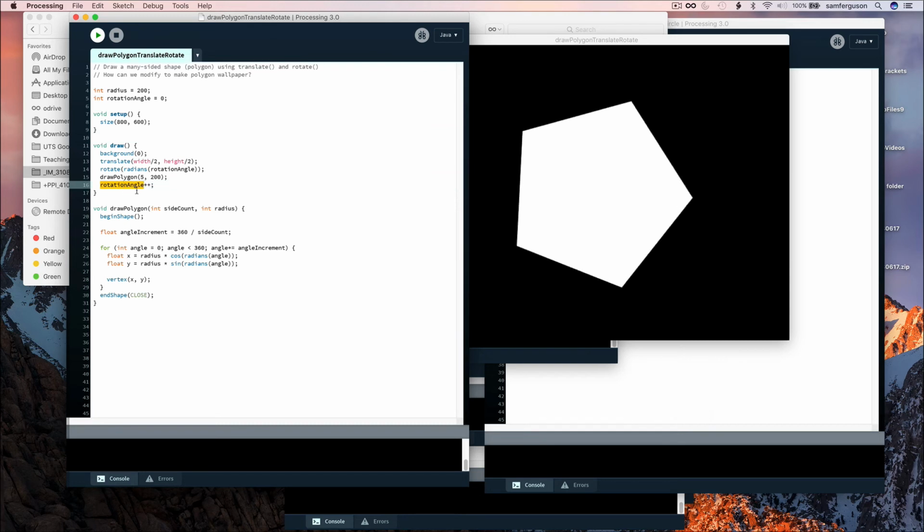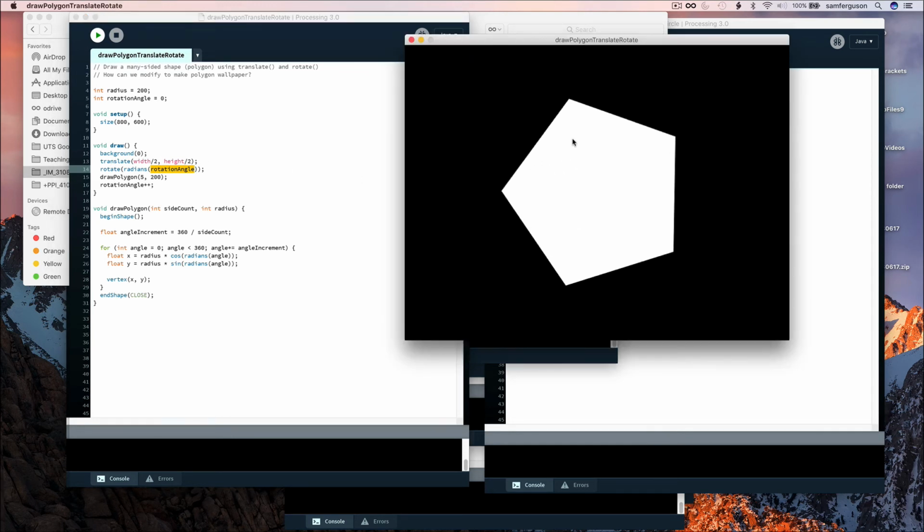Now the rotation angle here is being added to. You can see rotation angle plus plus. So every time we draw this polygon in this draw loop, which happens forever, remember, we're adding 1 to the angle, and then we're rotating by that value. So every time we redraw this screen, we're changing the polygon.